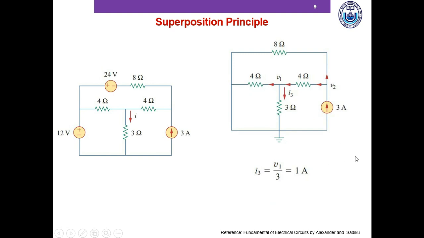So I3 here is 1 ampere. The current in the original circuit, that is when all 3 independent sources are active, is the sum of the currents computed in each step, that is I1 plus I2 plus I3, which is 2 ampere.